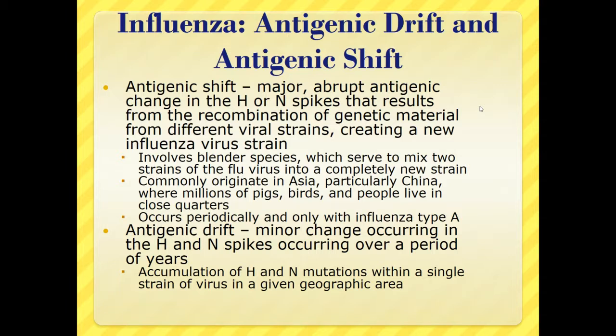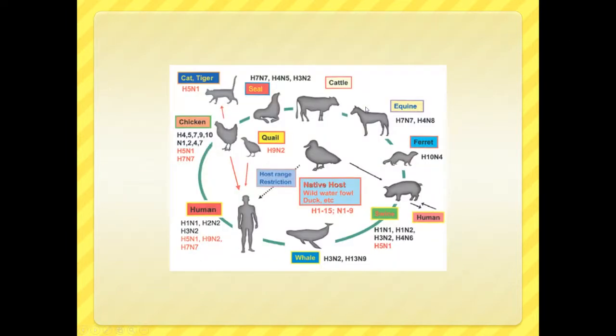Older people, because there had been a pandemic of an H1N1 back in the 50s and 60s, were a little bit more protected against that 2009 strain than the younger individuals. And that's typically not what we see with the flu.